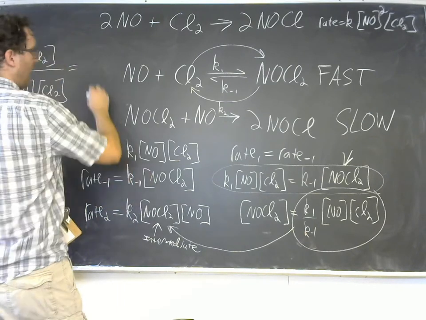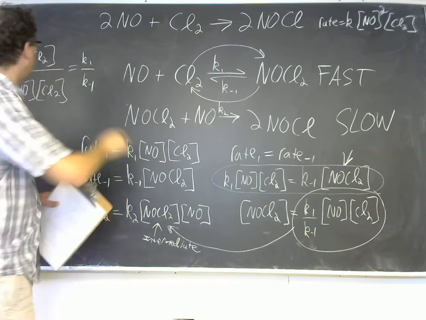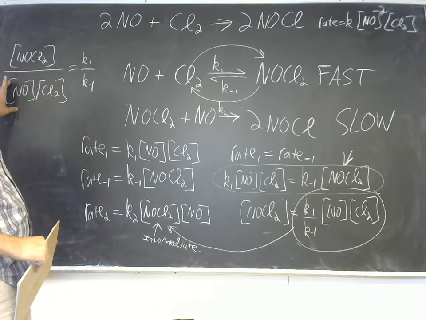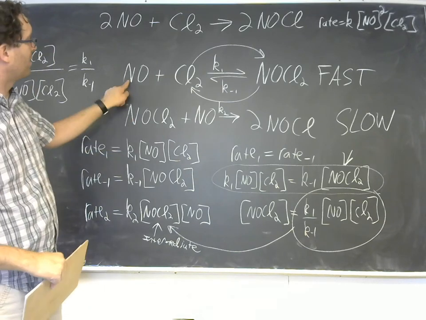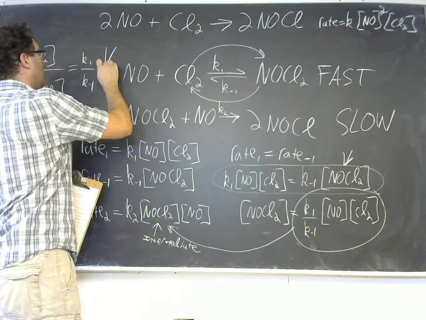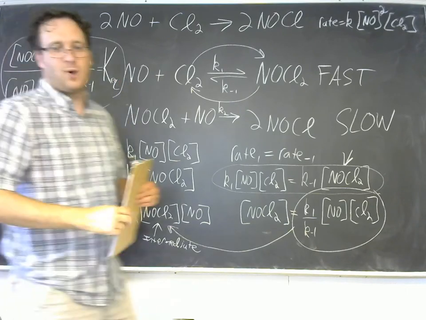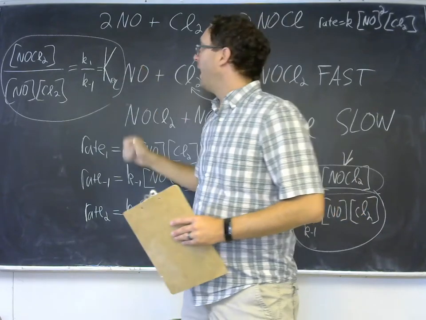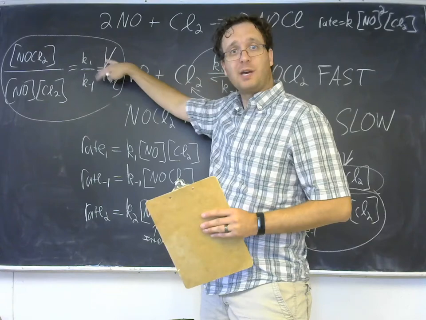That would be k1 over k-1, right? But what does that also equal? The concentration of the products divided by the concentration of the reactants, each raised to the power of their stoichiometric coefficients in the equation. Well, that is equal to the equilibrium constant. So there is just one quick connection between the equilibrium constant and the reaction mechanism itself and the individual rate laws that make up that reaction mechanism.